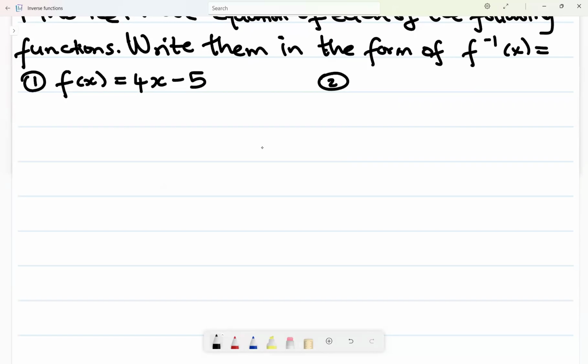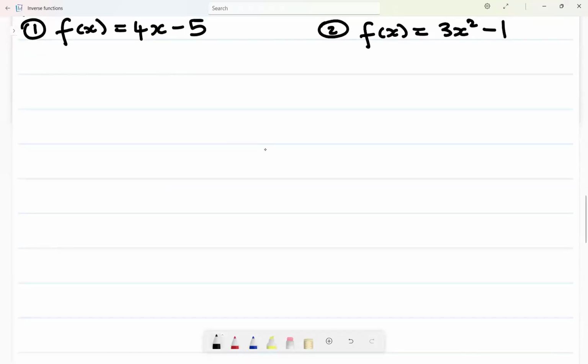Let me see. Okay. f of x is equal to 3x squared minus 1 maybe. Then on the third one, let us have f of x is equal to x squared.